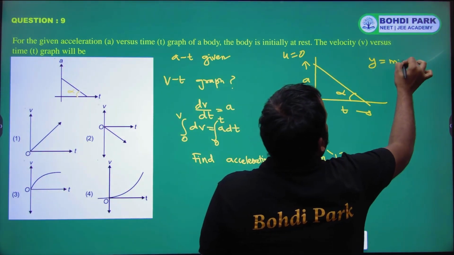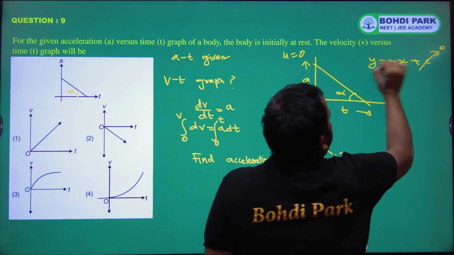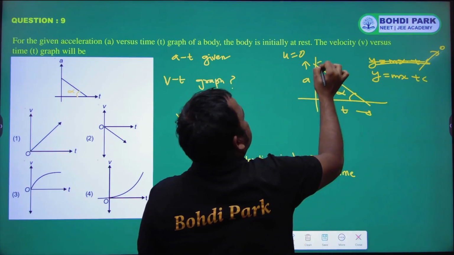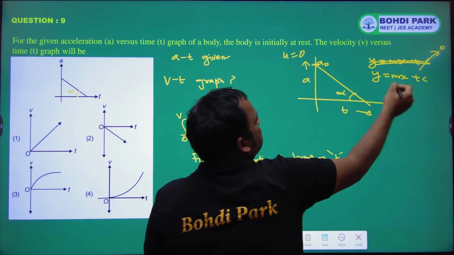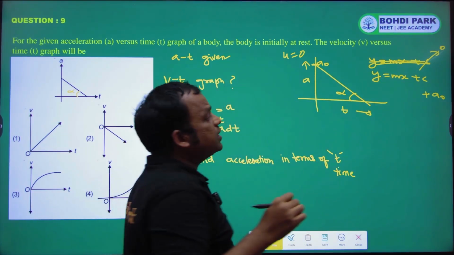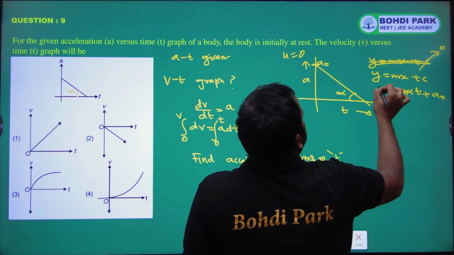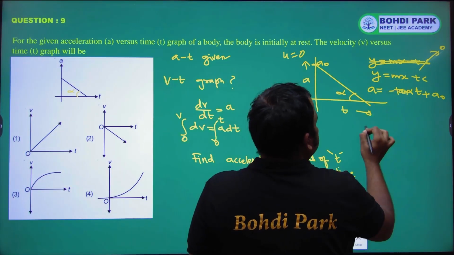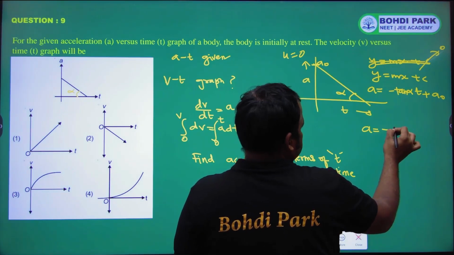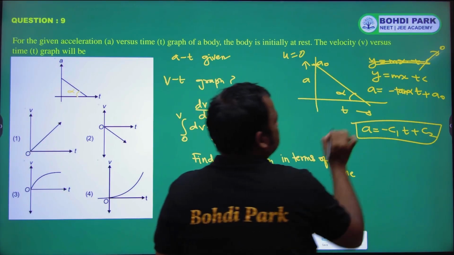Suppose c is a naught, the initial acceleration is a naught. So c is positive and slope will be minus tan alpha, so minus tan alpha into t. So a is equal to minus some constant c1 into t plus another constant c2.